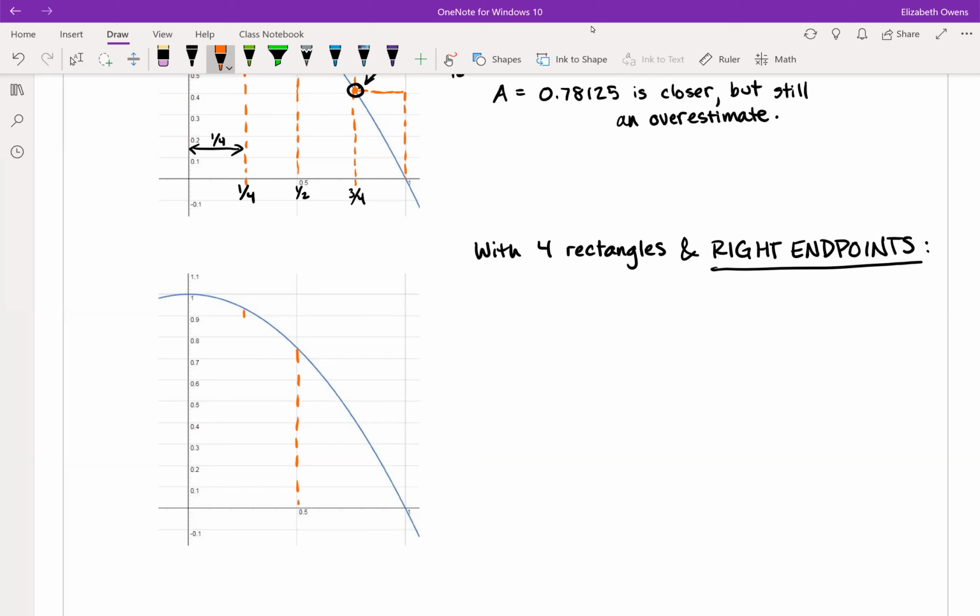We're going to chunk this into 4 equal rectangles. Each one is a quarter unit wide still. We've got 1/4, 1/2, 3/4, and 1 right there. But we're going to use the right endpoint or right side of each rectangle to set the height.